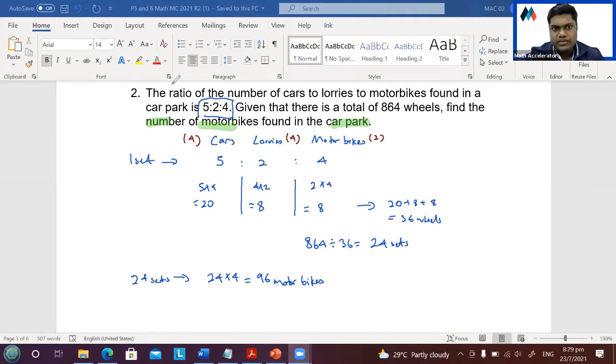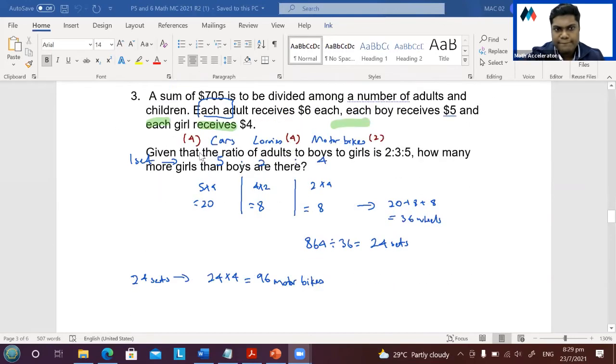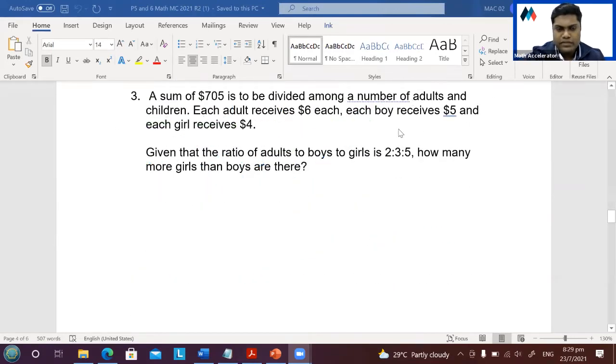Okay, next question. A sum of $705 is to be divided among a number of adults and children. Each adult receives $6, each boy receives $5, and each girl receives $4. So there are 3 sets of groups here.